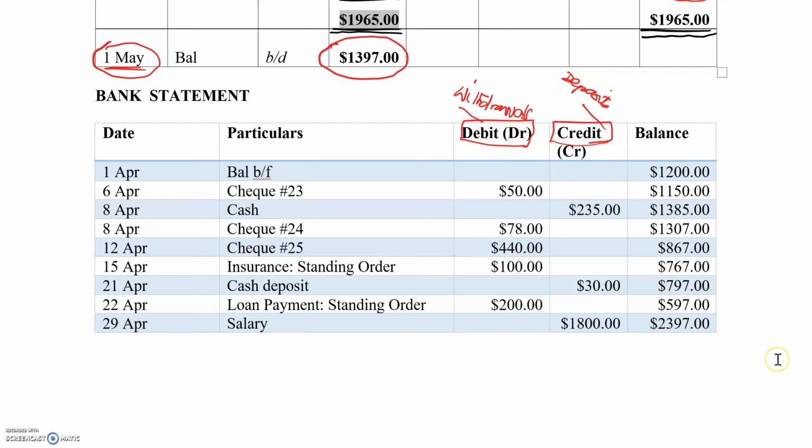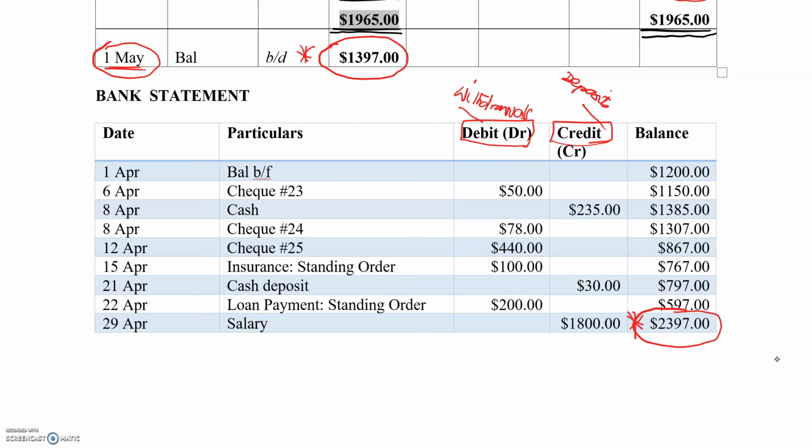So we can see now here that our balance in the bank is $2,397, while our balance in the cash book is $1,397. So there's a discrepancy. Our bank statement balance is not the same as our cash book balance.